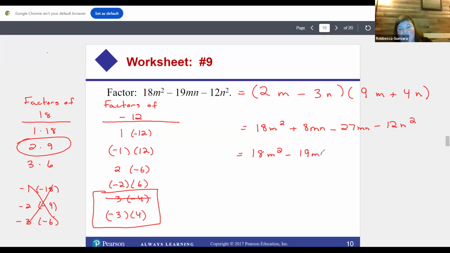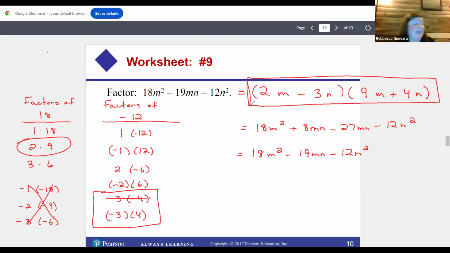Now we're getting our 19mn. Yes. And to tell you how I did this quicker, I actually use this other method that we're going to see here soon enough.